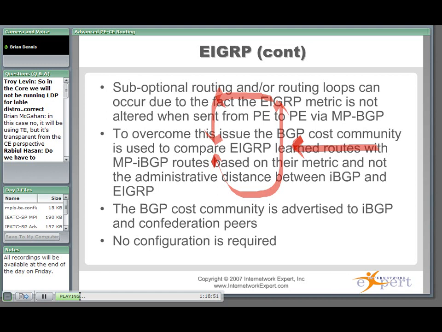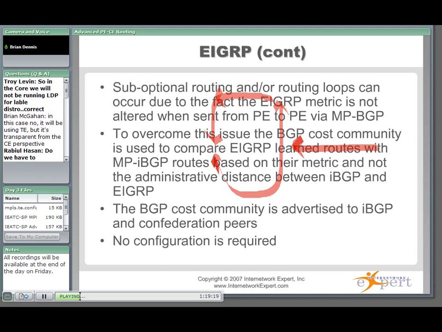Now, the problem we would have if we didn't have support for this feature, let's look at it without this feature here. The problem we run into is that when R3 gets the route, he gets it through IBGP, correct? And R3 gets it through EIGRP from R7.